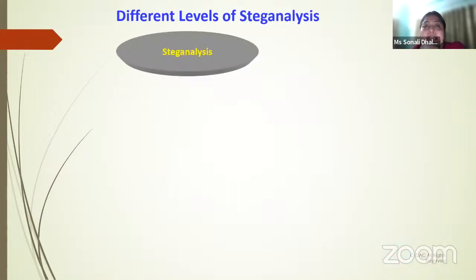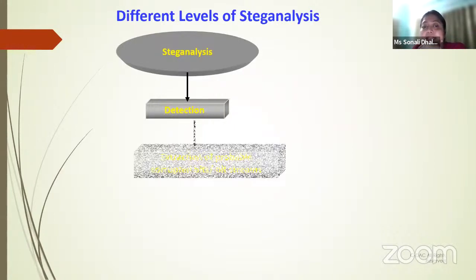Now, during steganalysis, as Ritesh sir already told, we have two different products which are copyrighted. This has three different levels. First one is detection. As I already mentioned, detection is a major event for steganalysis, because we are doing blind steganalysis. So first is detection, whether anything is hidden in the input file or not.